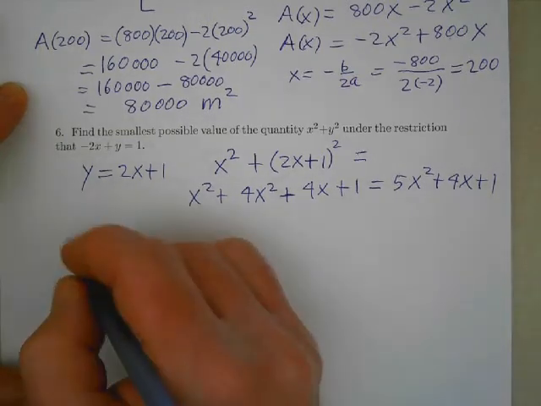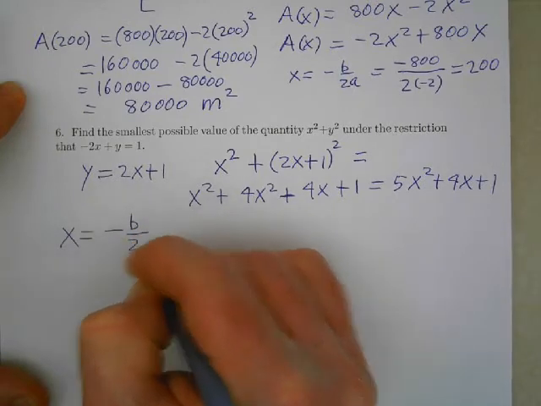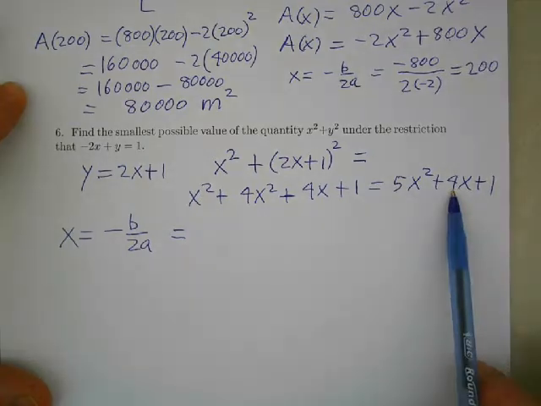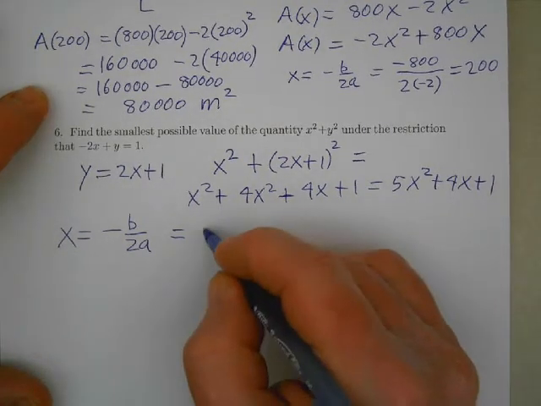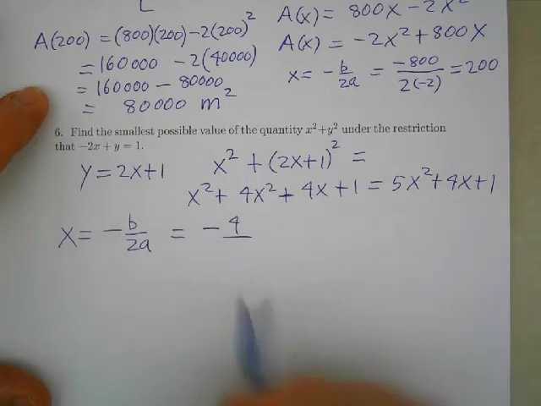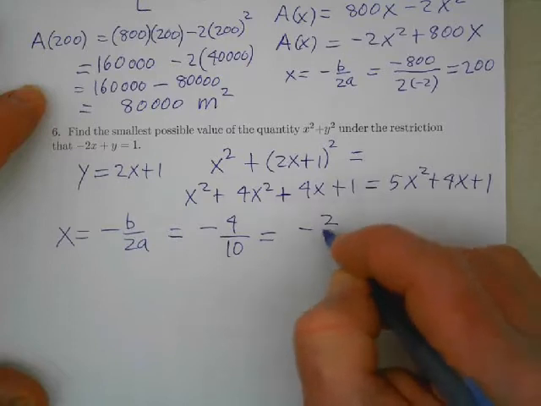This will occur when x is equal to negative b over 2a. In this case, a is 5 and b is 4. So the minimum will occur at negative 4 divided by 2 times 5, or negative 4/10, or negative 2/5.